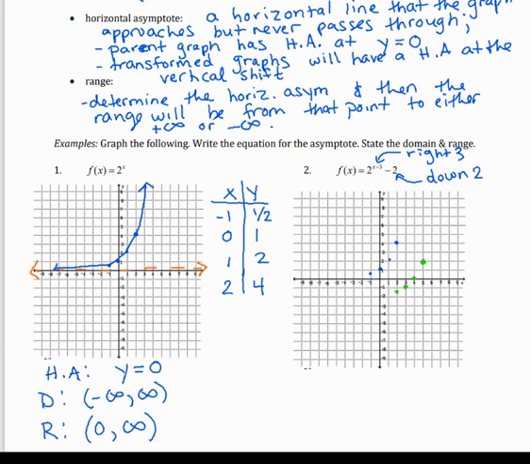So the green represents my curve, but now we need to think about the asymptote so I don't just draw any old curve. Remember, to find that horizontal asymptote, our transformed graphs will have a horizontal asymptote at the vertical shift. So since we went down 2, that means my horizontal asymptote will no longer be at y equals 0, but it will now be at -2.